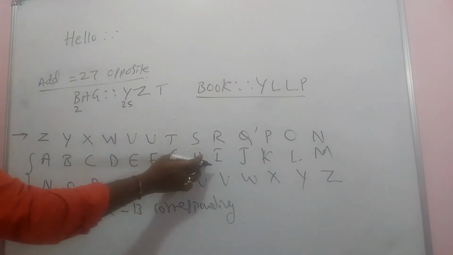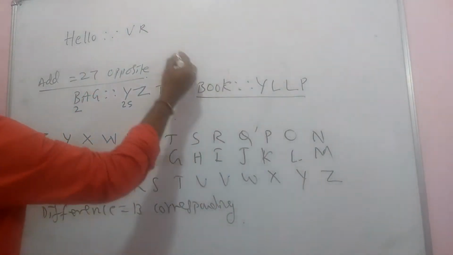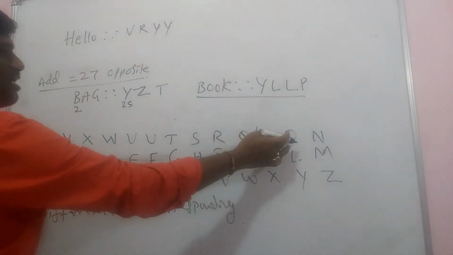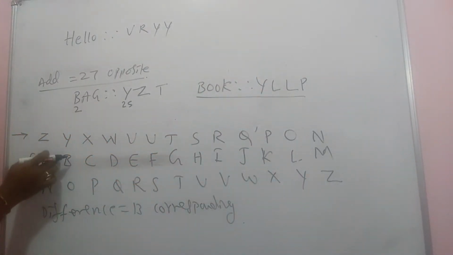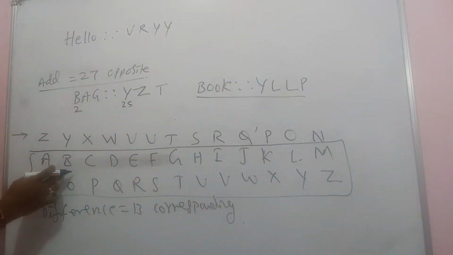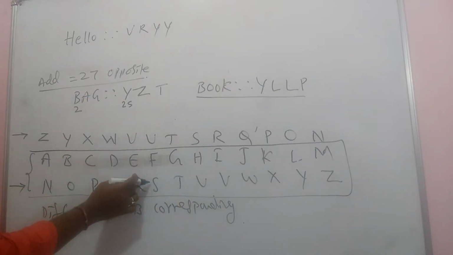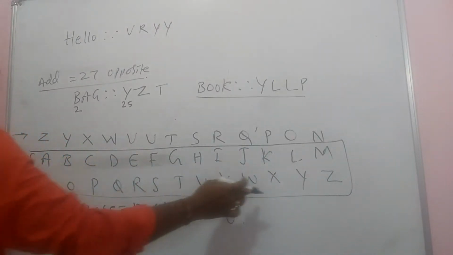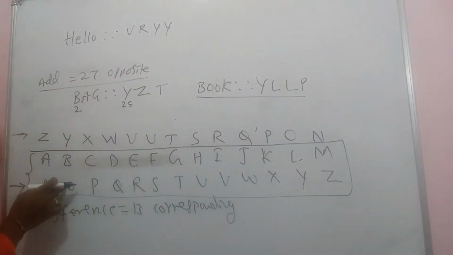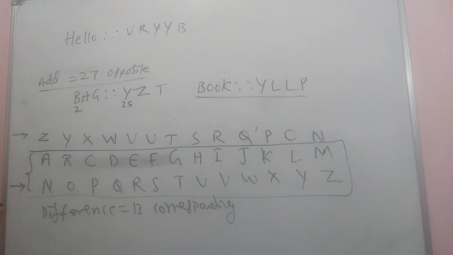H's corresponding letter is V, E's is R, L's is Y, L's is Y, and O's is B. So hello is coded as V R Y Y B.